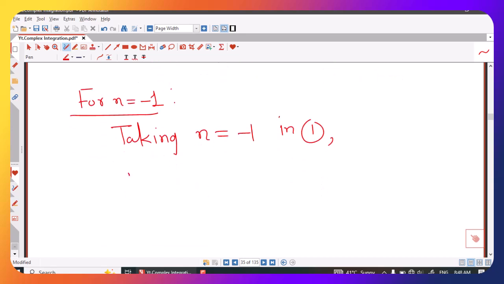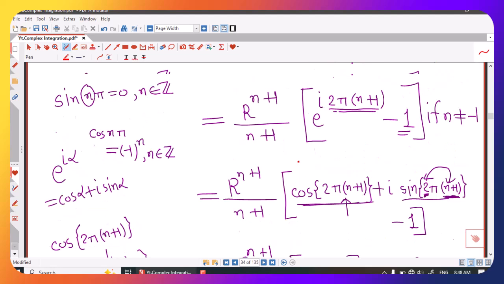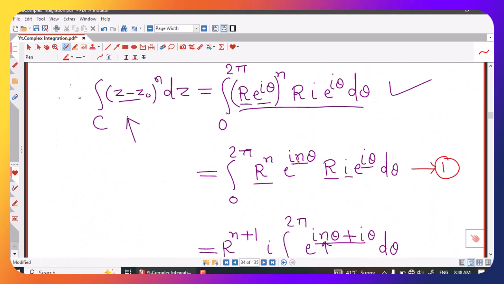In equation 1, the left hand side is the integral of (z minus z0) raised to n with respect to z, and here n is -1, but we keep the left hand side as it is, and in the right hand side we put n equal to -1.